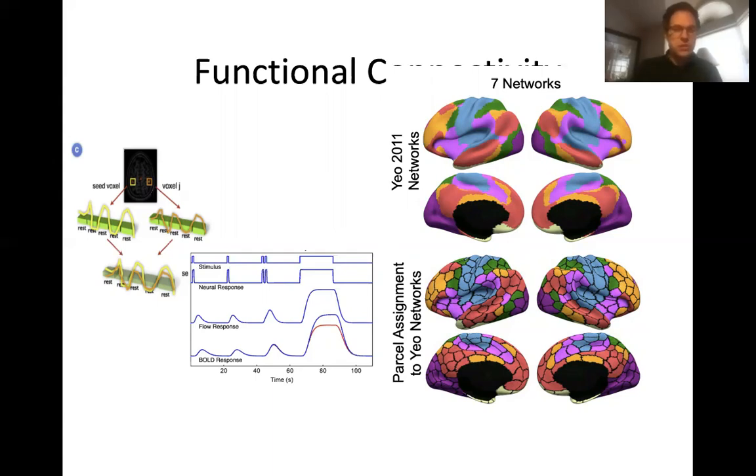And then what they would do is they would look at a model of the expected BOLD response, like how the BOLD response would look if a voxel or a single region were to be involved in that task, right? And then they do a similar kind of thing that they do with the seed, with this seed to every other voxel: they would take this model and then correlate it with every other part of the brain.